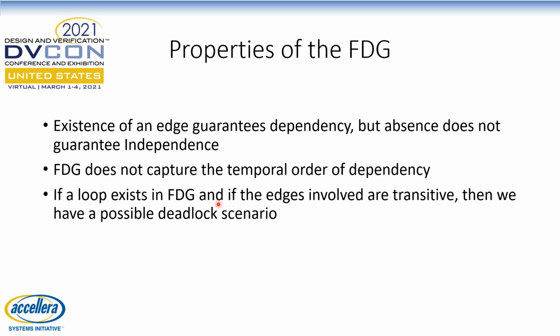So it's possible that the edge which was revealed in one test was based on a DUT configuration A, and the other edge was based off a DUT configuration B, and these two DUT configurations are non-overlapping or cannot happen in the same test. So it's possible the edges in the graph are non-transitive. So a cycle is not a sufficient condition for deadlock. But it is a necessary condition, and so by making the FDG acyclic, we kill the very necessary condition for deadlocks.